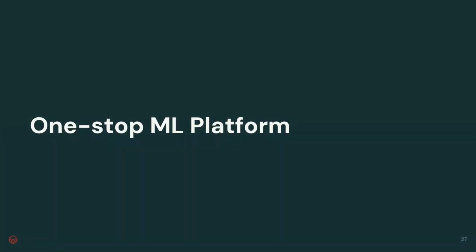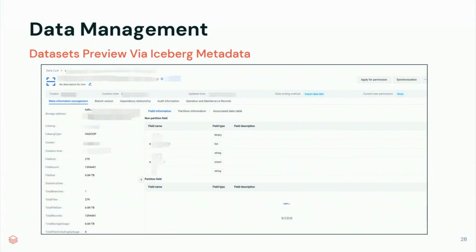First, let me show you the one-stop machine learning platform built with our machine learning infra colleagues. As you can see in this picture, we can preview the detailed information of the table, such as the file number, the total storage volume, the record number, and the schema of the table. All of them are collected from the Iceberg metadata and cached in our table maintenance service.